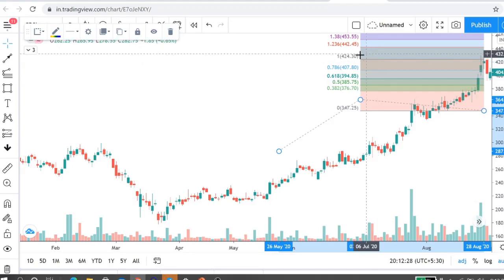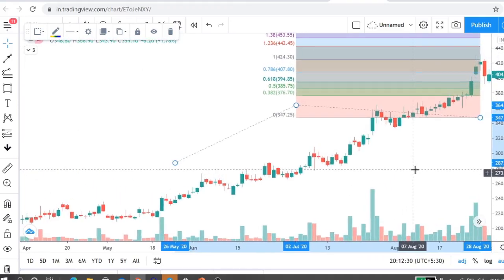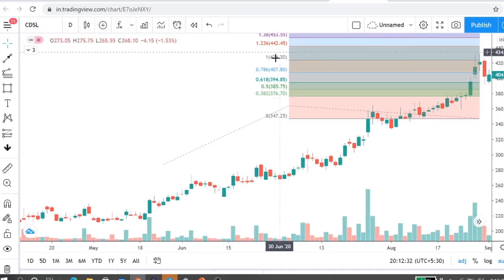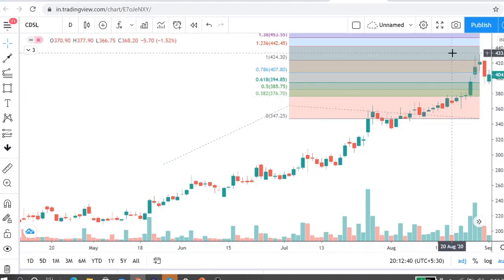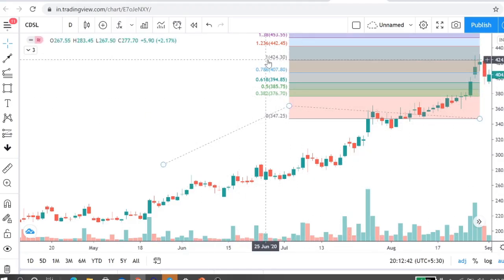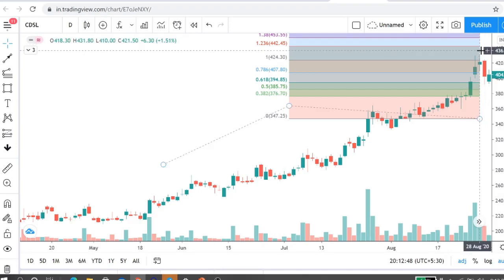Okay, now you have your successive targets. So these are all the places where price will take some stoppage if it is a very big flag pattern. Your ideal and final target is the 1 mark, that is the 100% extension above this. So 424 was the final target and it was reached here.